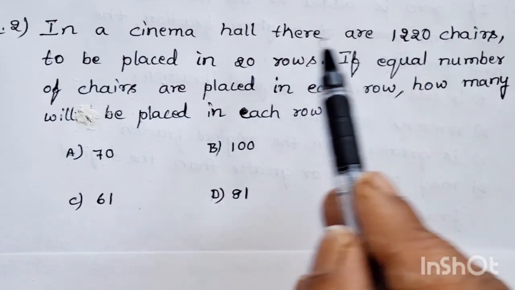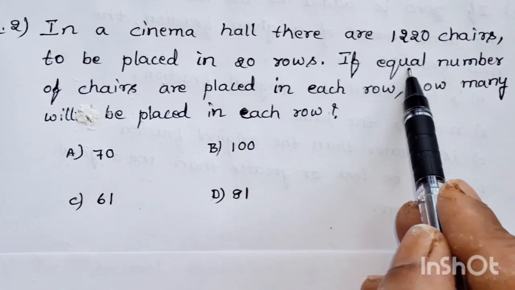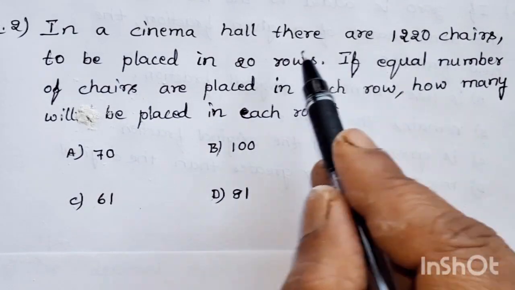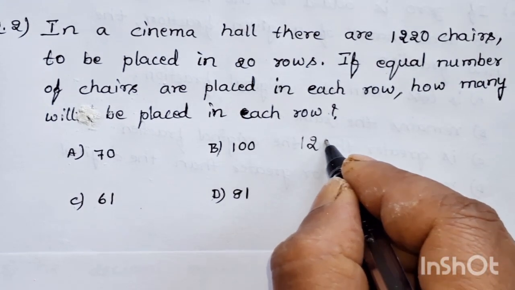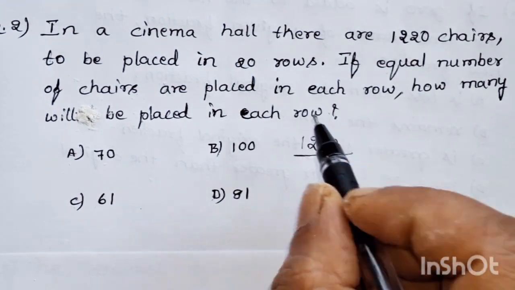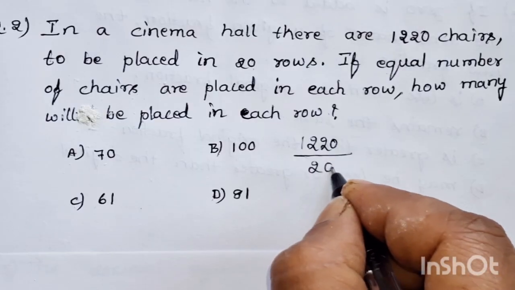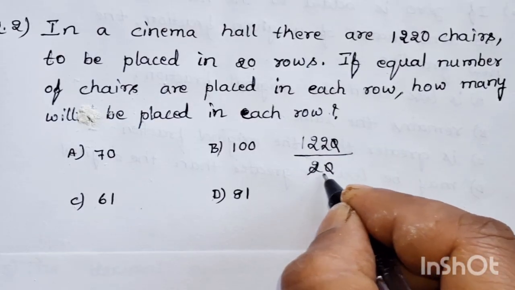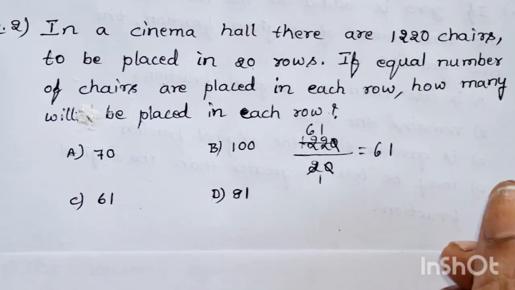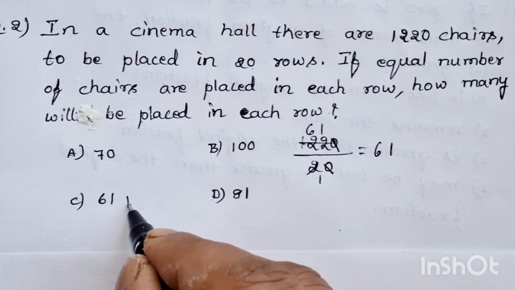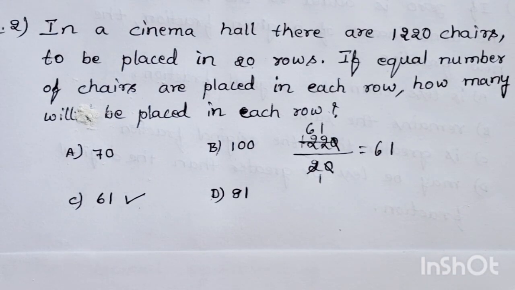The total number of chairs is 1220 and the number of rows is 20. And the same number of chairs must be placed in each row. The total number of chairs, 1220, must be divided by the number of rows, that is 20, which simplifies to 61. So the correct option is C, 61.